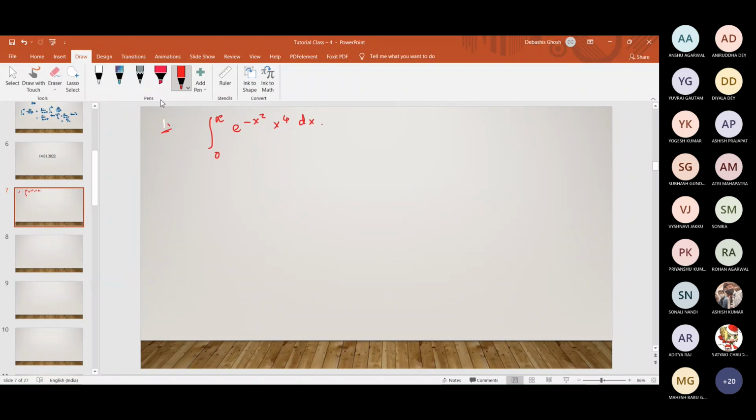To match this with the gamma function, we consider x square equals t, then change the integral accordingly and you will get the value. I'm not evaluating this integration.